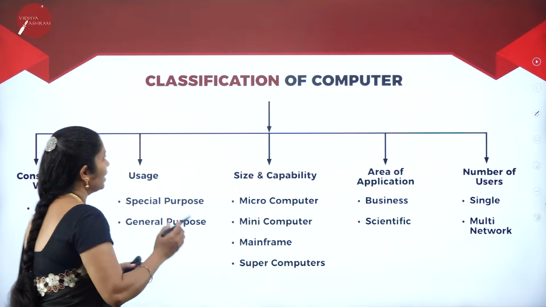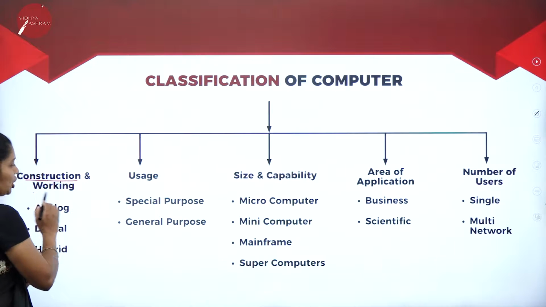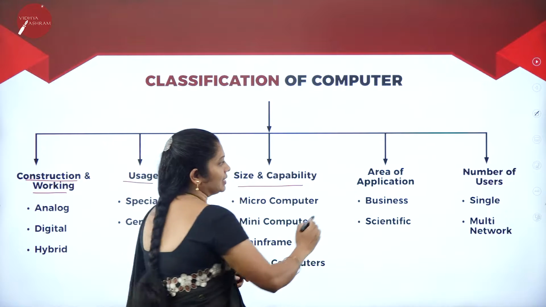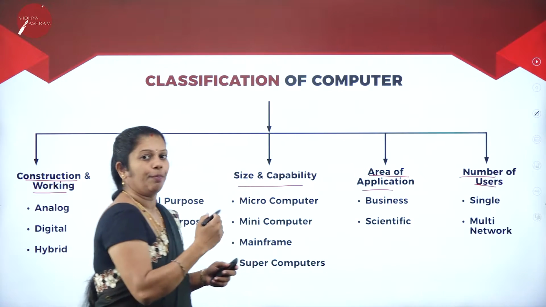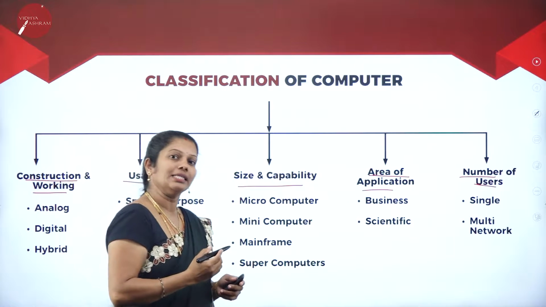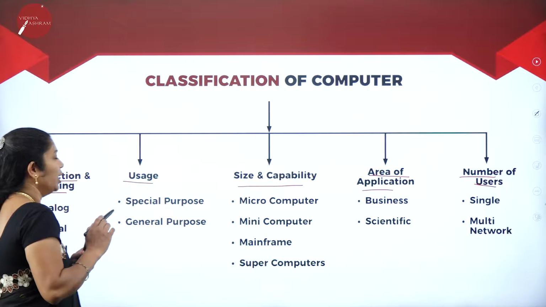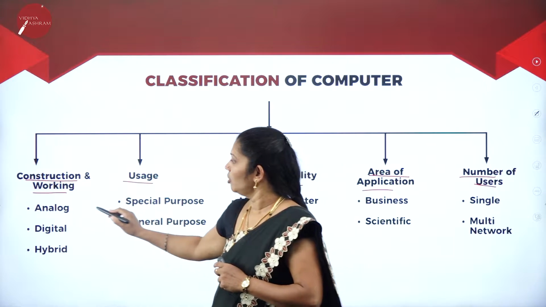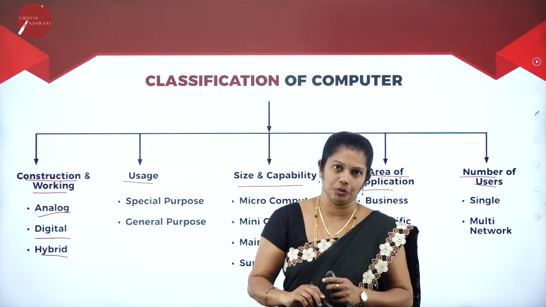When they come on the classification of computer, computers are classified based on construction and working, usage, size and capabilities, area of applications and number of users. Depending upon that also, we can classify the computers. Under construction and working, we have three types: analog computer, digital computer as well as hybrid computer.